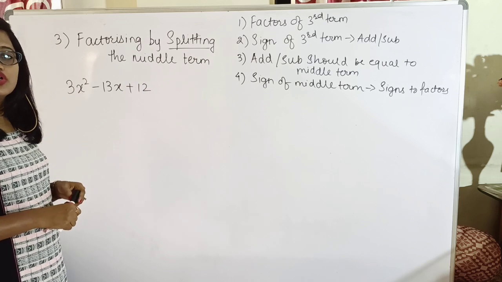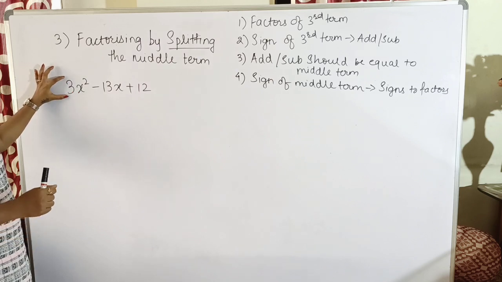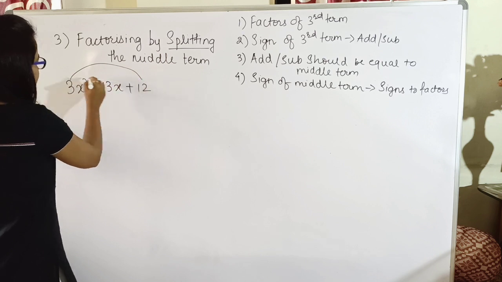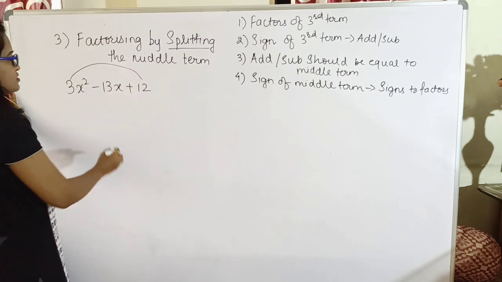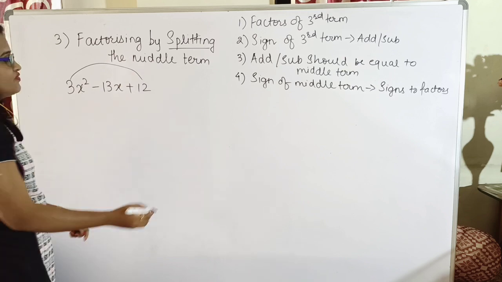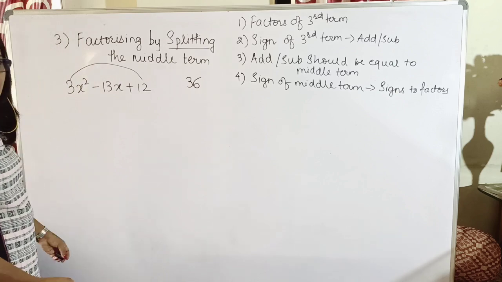No. Whenever the coefficient of x square is any number, the factors have to be found of the multiplication of these two numbers. So your factors will now be of 3 into 12, that is 12 threes are 36.